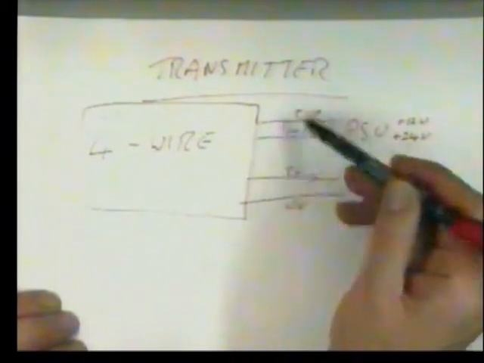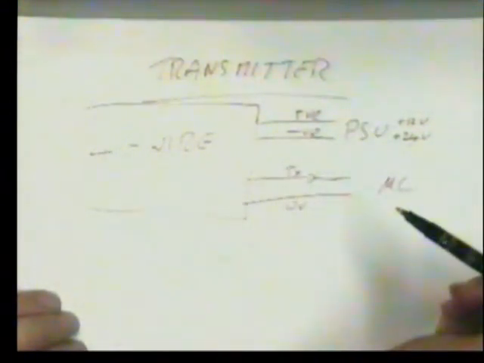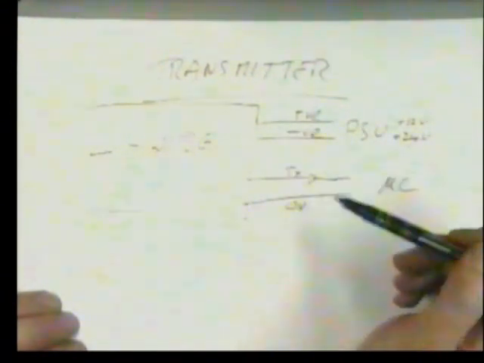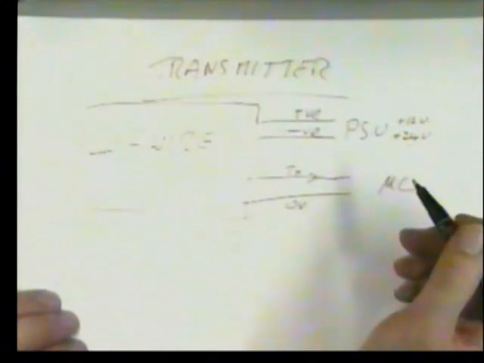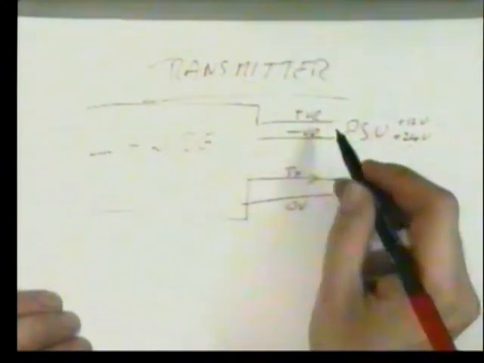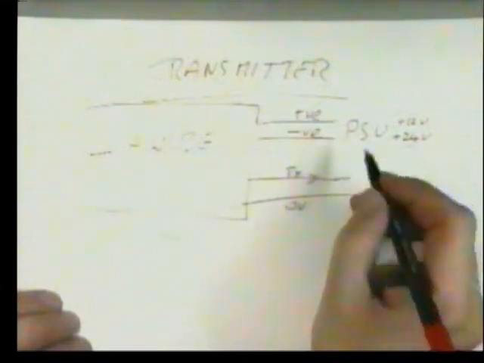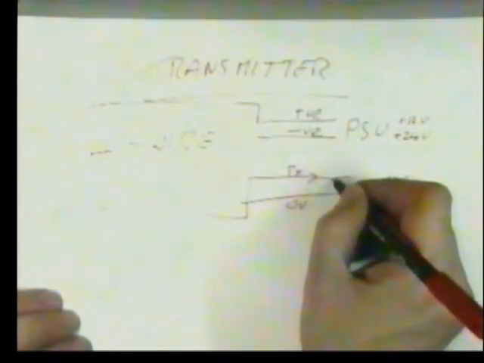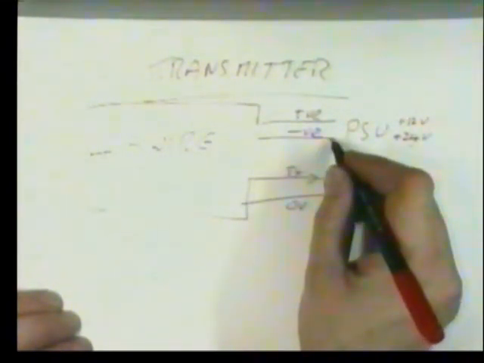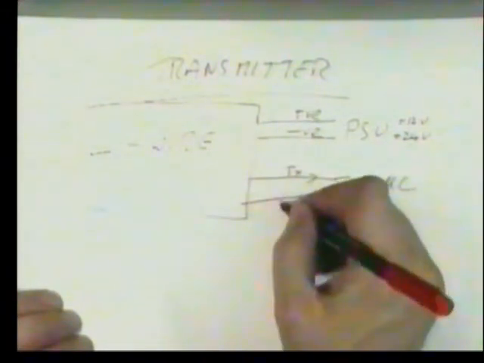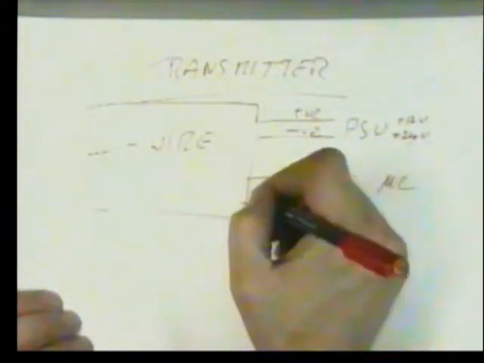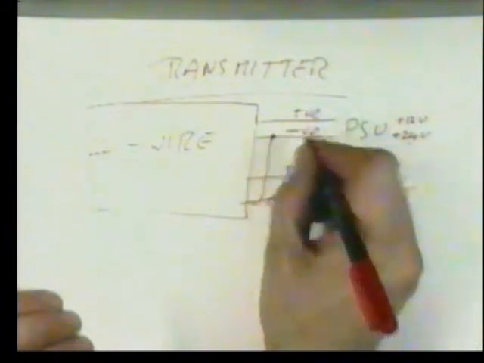So let's go back to our picture of our 4-wire transmitter. Do you think there's anything here we could do to improve the situation? Well, one thing that was realized actually in the 1950s is an old idea. If we have a power supply here, why don't we reference our transmission signal to the negative side of the power supply? Get rid of that 0-volt return and combine the two together into one.